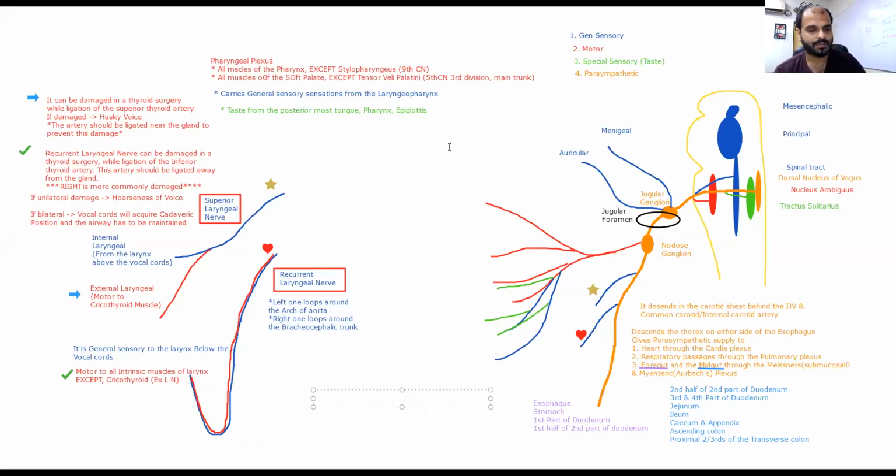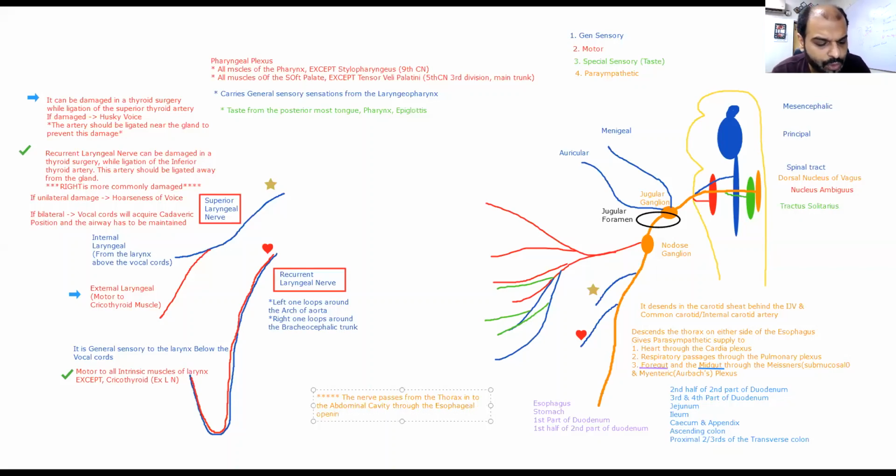So much silence. So there is another thing which you should write here. The nerve passes from the thorax into the abdominal cavity through the esophageal opening.